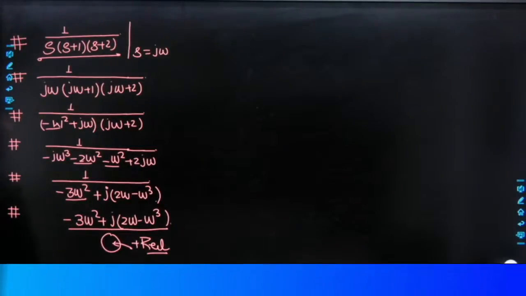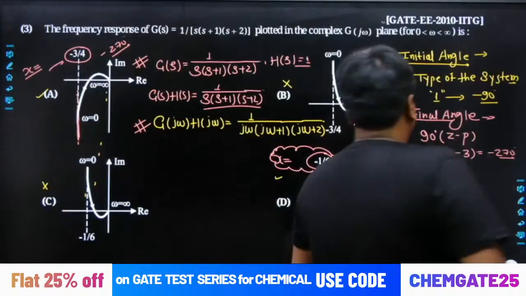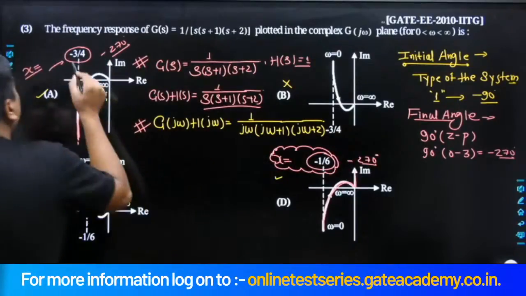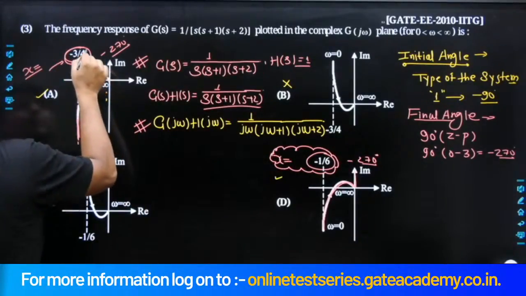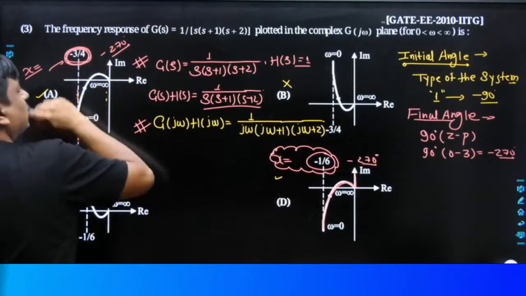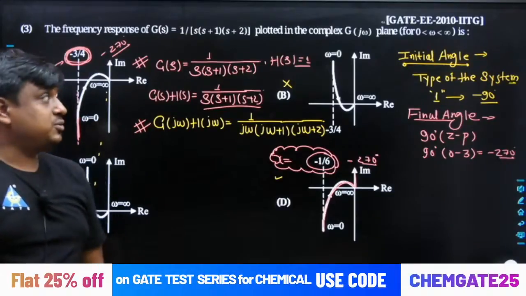And once you find them, you will find that at omega equals 0, minus 3/4 had been the tangent over the given polar plot. Anyways, the same kind of problem had been taken in the last class. You can take the reference of that question.